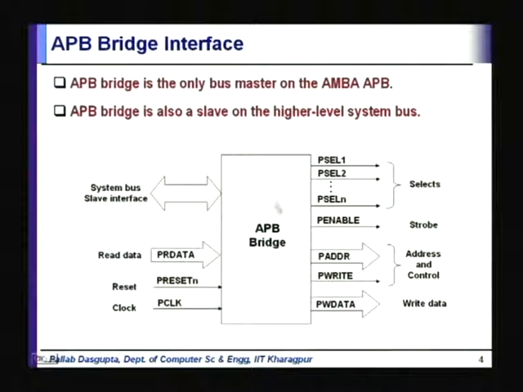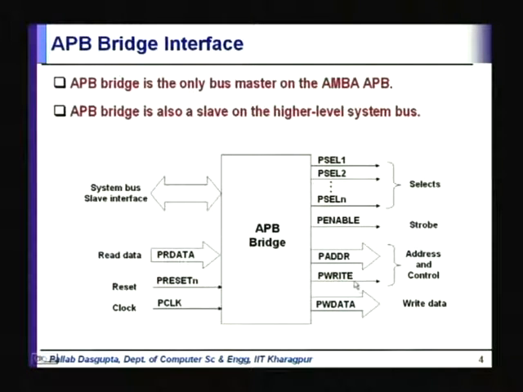Now, since every transfer is initiated by the bridge, this is the only master. So, you see ADDR, the address is always floated by the bridge, because it is initiating the transfer, whether to read or to write. And then PWRITE is the signal which is used to write or read.